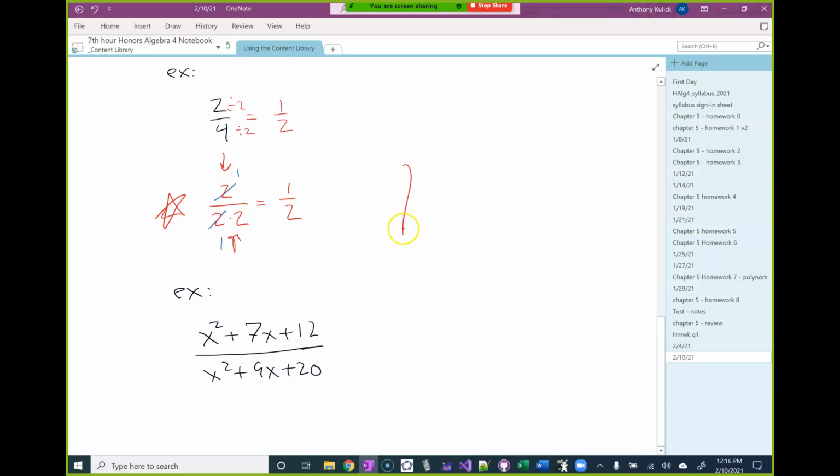And if you think about it, if we go back to fractions, if I have 3 plus 7 over 3, we know that's 10 over 3, right? If we were allowed to do what we did, it'd be equal to 7, right? Which is clearly nonsense.